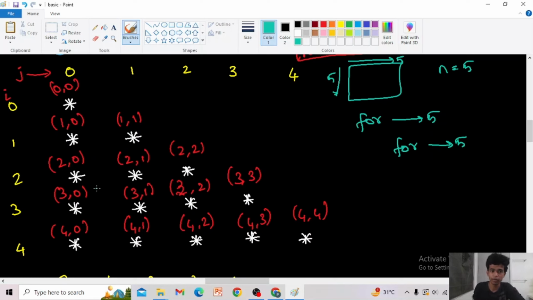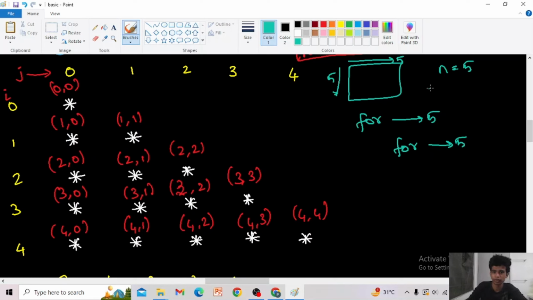Yes. Now let us analyze how to print this triangle pattern by using this square pattern. Okay, so see here, wherever my triangle pattern stars are coming, just observe carefully. They are at 0 comma 0, 1 comma 0, 2 comma 0, 3 comma 0, and 4 comma 0. So let us say this is i and this is j.